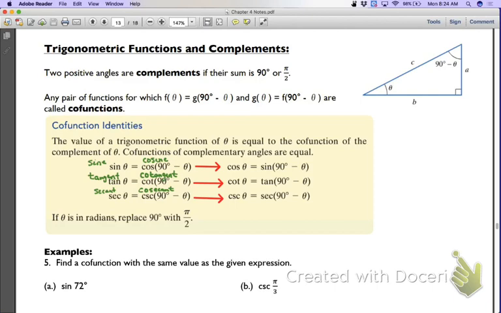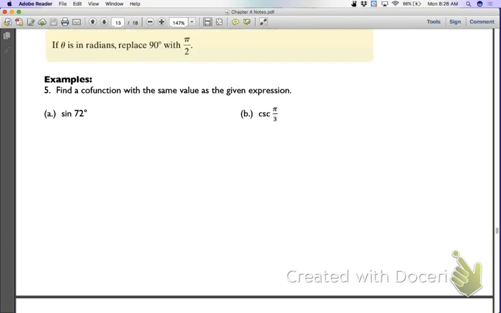So if I have cofunctions with the same value as the given expression, if I have sine of 72 degrees, what is the cofunction? What is the cofunction of sine? Cosine. Very good.